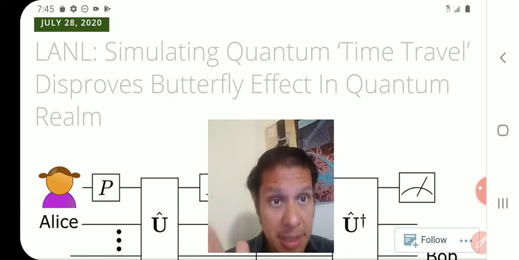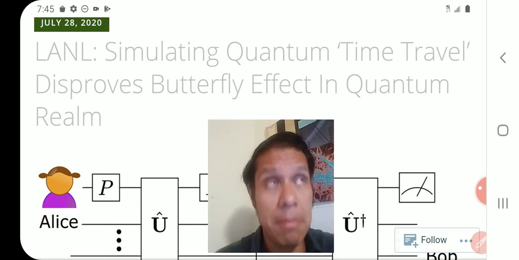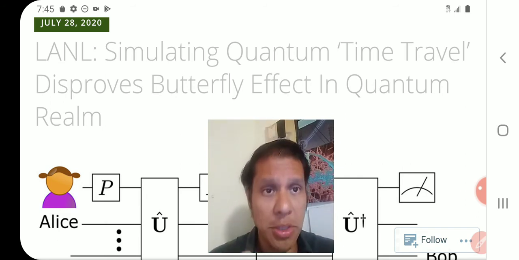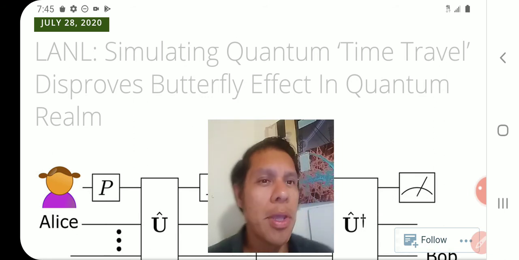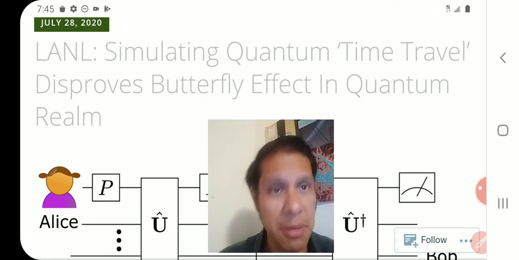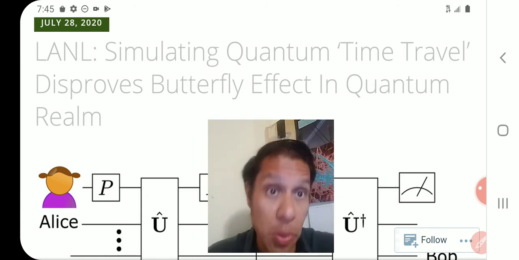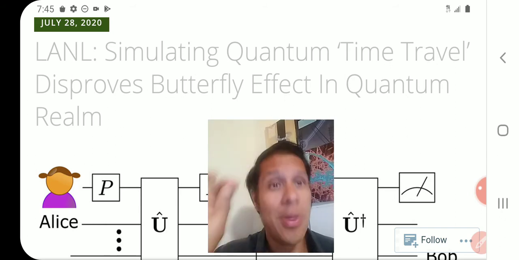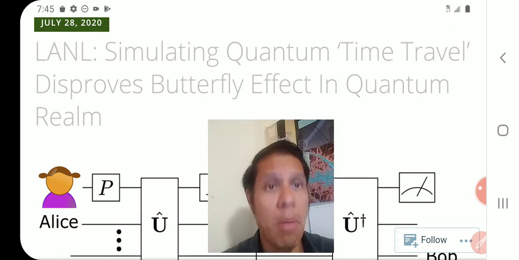So, this particular process could be very useful for quantum computing. It is possible to destroy some information and then return it. Or you could also think of it as you hide some information and then that information appears at some point.